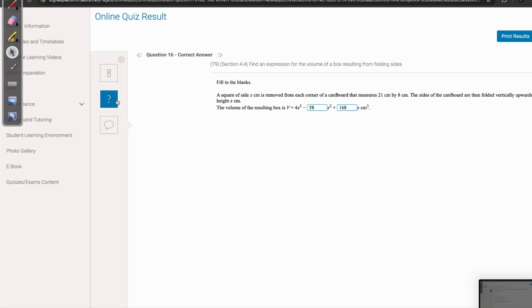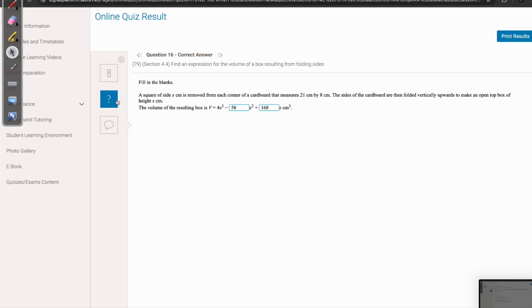And number 16, a square of side x centimeters is removed from each corner of a cardboard box measures 21 centimeter by 8 centimeter. Side of the cardboard box, we know the story. Okay, we're just gonna do the same thing. X times 21 minus 2x.